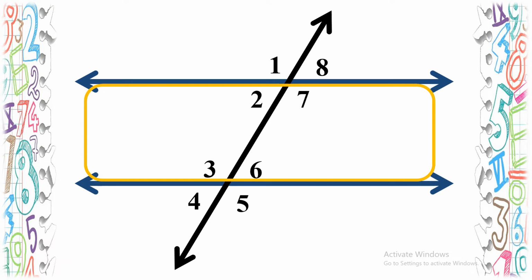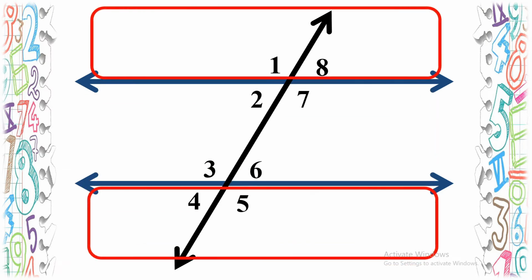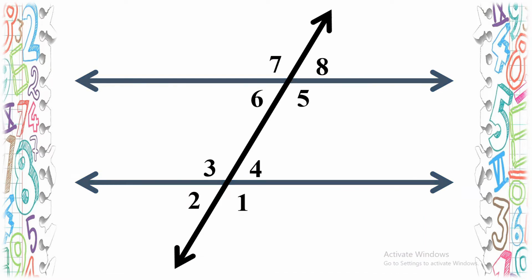Now, how about the exterior angles? Very good. Of course, we have the angles inside the two red boxes. We have angle 1, angle 8, angle 4, and angle 5. Let's have another example. How about in this figure?